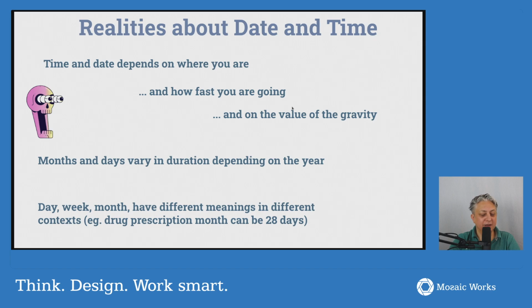Depending on the differences in gravity between where two clocks are placed, you'll have different speeds of time. These are the relativistic effects. They don't matter a lot if you are on Earth, because we have the same gravity and our speeds are nowhere close to the speed of light.